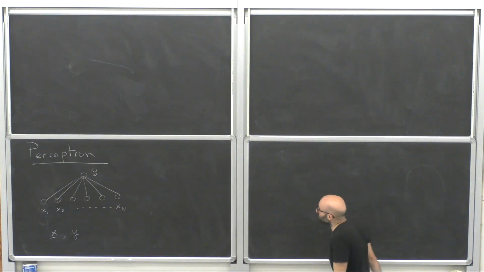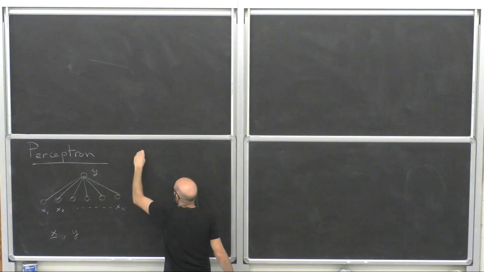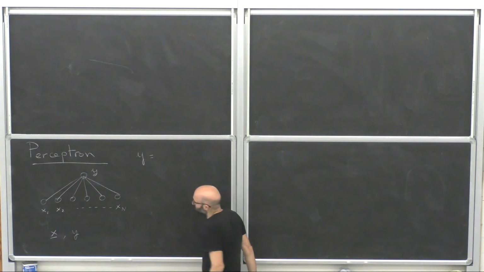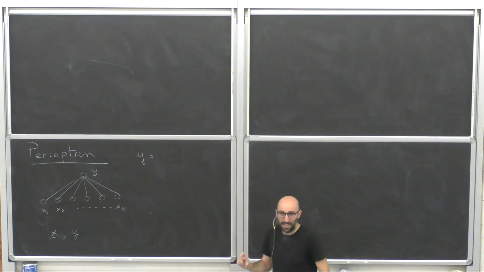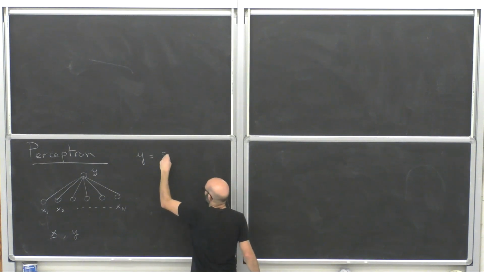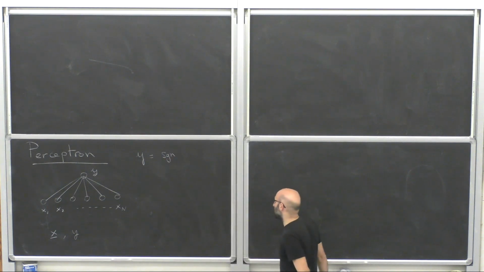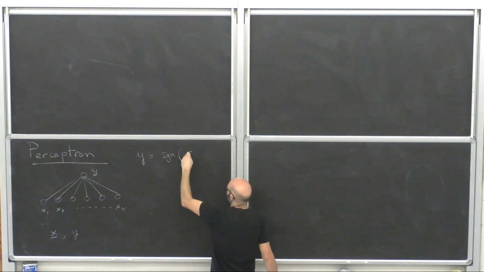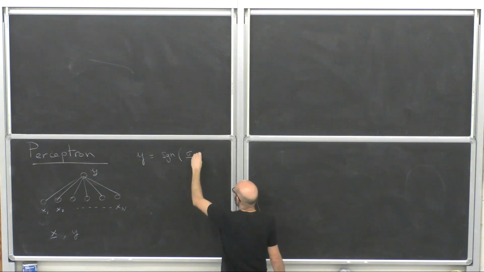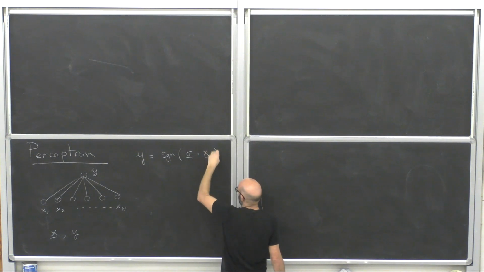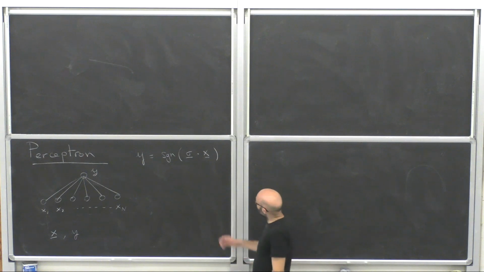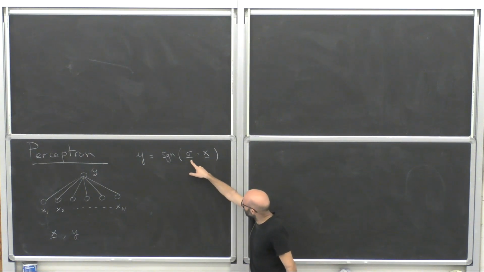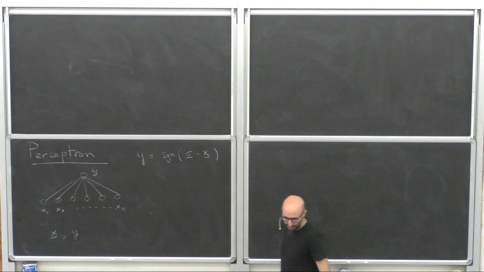So you try to fit the problem by saying that y, I'm going to use binary labels, -1 and +1 instead of 0, 1, but it's the same. So you say, okay, y is going to be the sign of some vector sigma applied to the input. So you take your input, you project it onto these vectors sigma, you take the sign and you get the output.